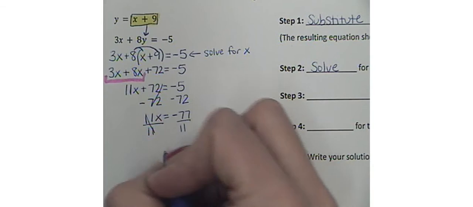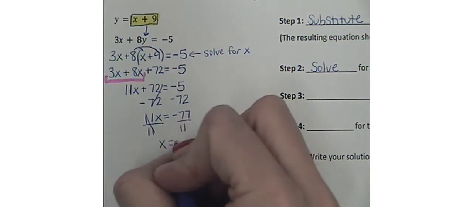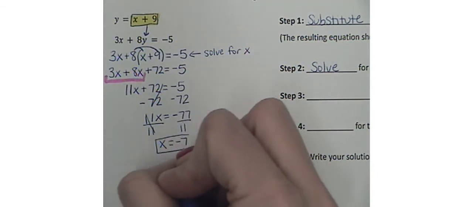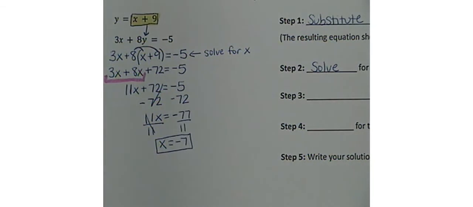X equals negative 7. Now, when we were graphing, we needed an ordered pair, x comma y. I'm not done yet because I only have my x. I don't have my y yet.